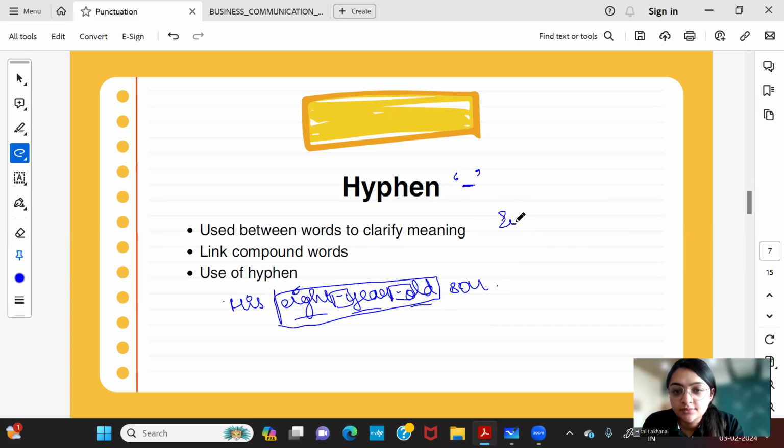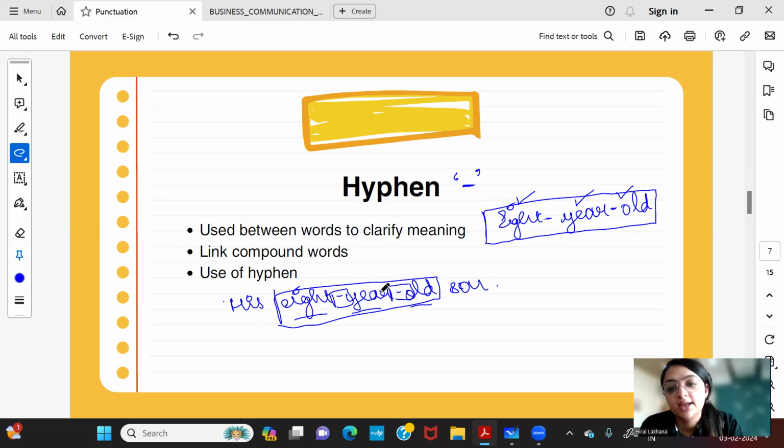So instead of saying 8 year old, this looks like three different words. So these do not look like they need to be read together. So instead of that, if I am adding hyphens here, 8-year-old, the user can understand that this has to be used as one single term. So his 8-year-old son. So to understand the uses of hyphen better, let's go back to our module.